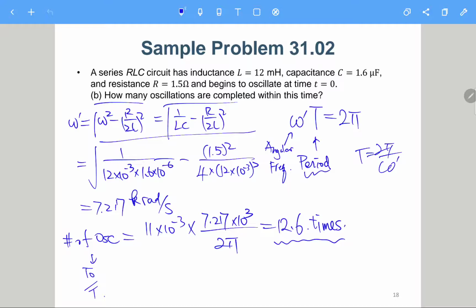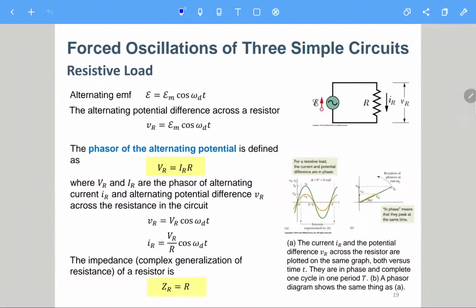Okay. So here we will talk about something called forced oscillation of three simple circuits. In circuit theory, we will call this one a phasor.